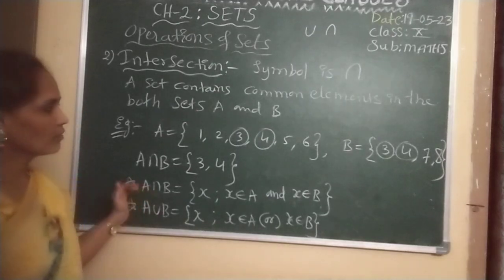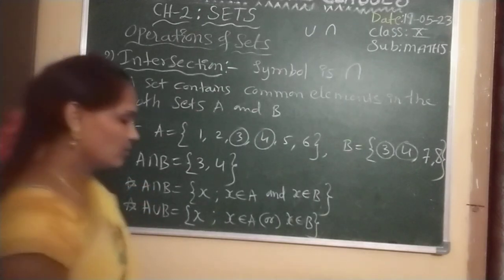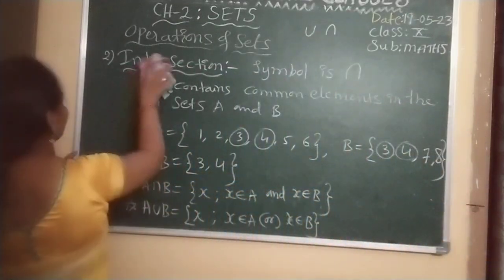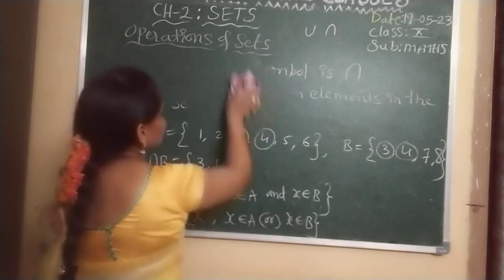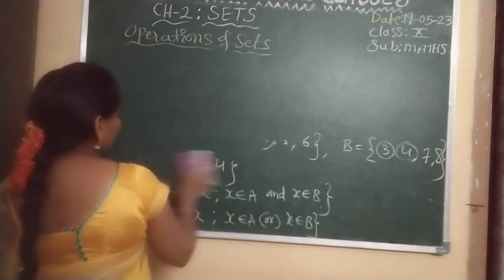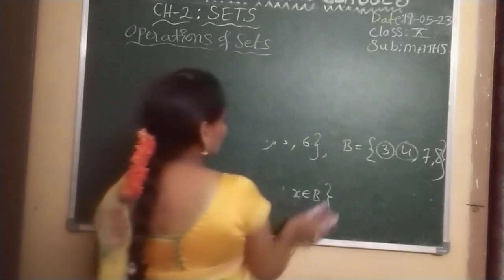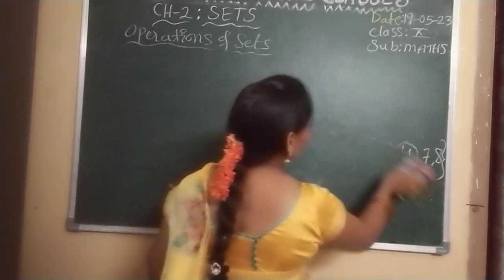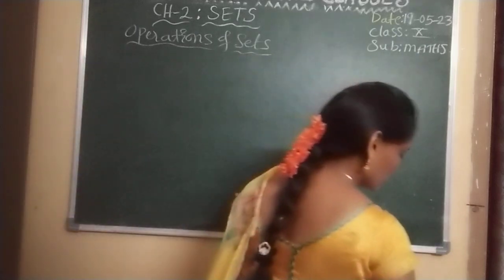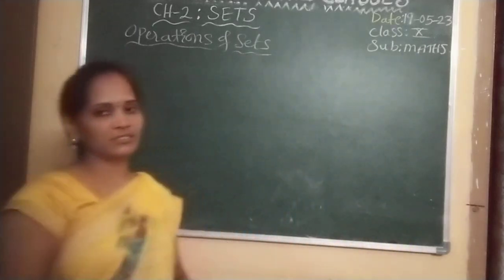Now this is about the operation, intersection. Next is difference. Difference means normally we can take a different symbol, what? Minus, right? Subtract this from that.